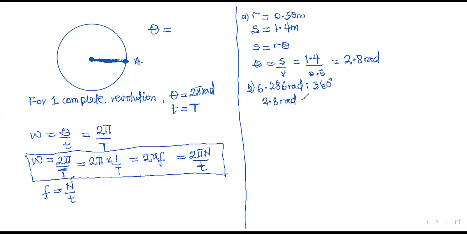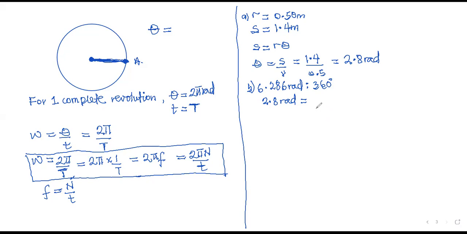will it be more or less? If 6.286 radian equals 360, 2.8 radian, will it be more or less? Class, would that be more or less? Anybody? Less. It will be less.